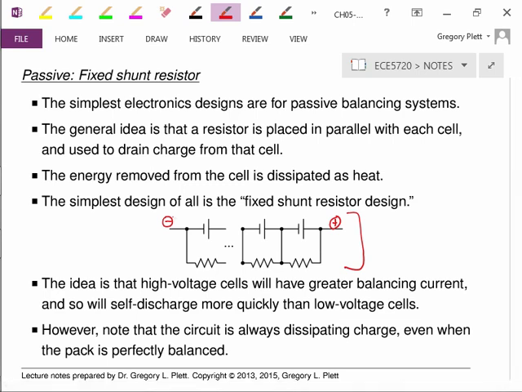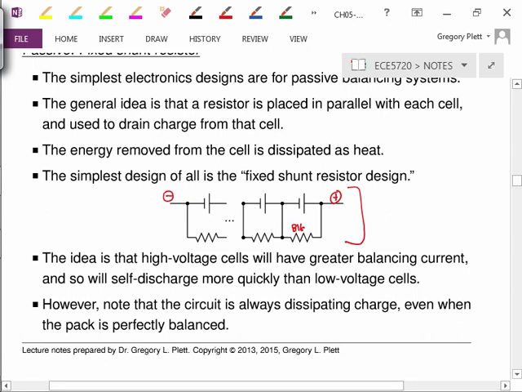This is a high value resistor, a big resistor. If it's a small resistor, I've got essentially a short circuit around the cell, and that would be a very poor thing to do because I wouldn't be able to hold very much charge for very long. So we have a large valued resistor in parallel with every cell.